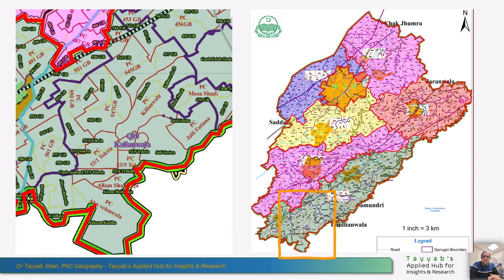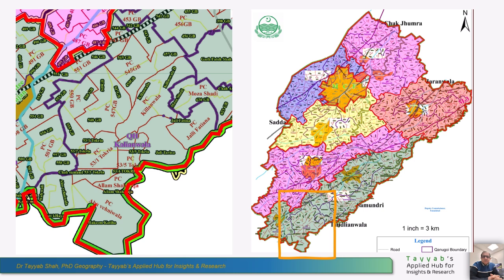I just want to use this information to show you how this geographic information can be visualized. This map is a district map, and you can see the different colors; those are actually the constituencies as well. The red blocks are the constituencies.